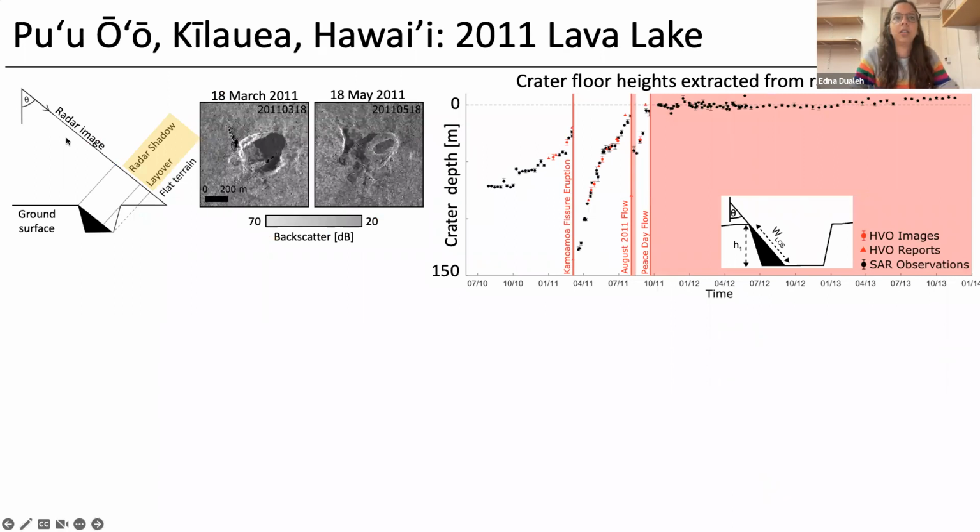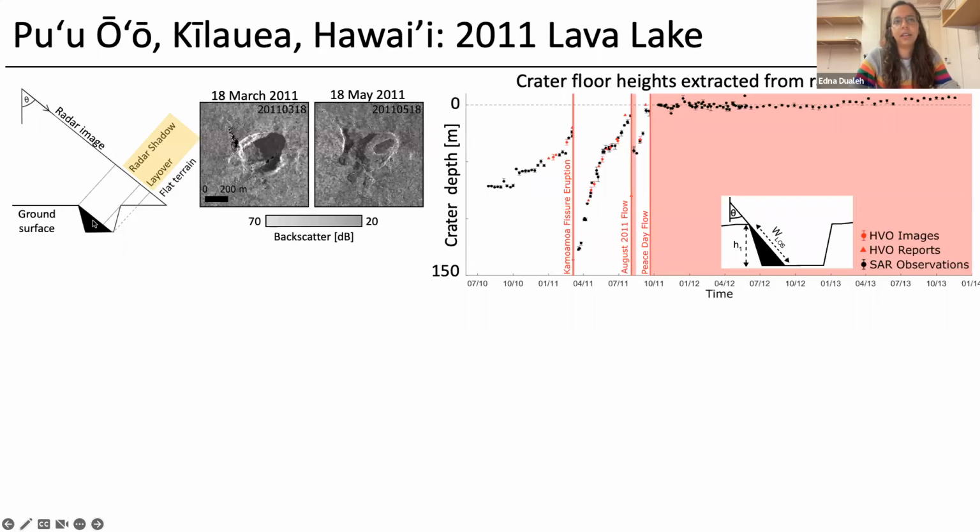Due to the side-looking nature of the SAR sensor, steep slopes facing away from the satellite that have a gradient steeper than the incidence angle produce a radar shadow.